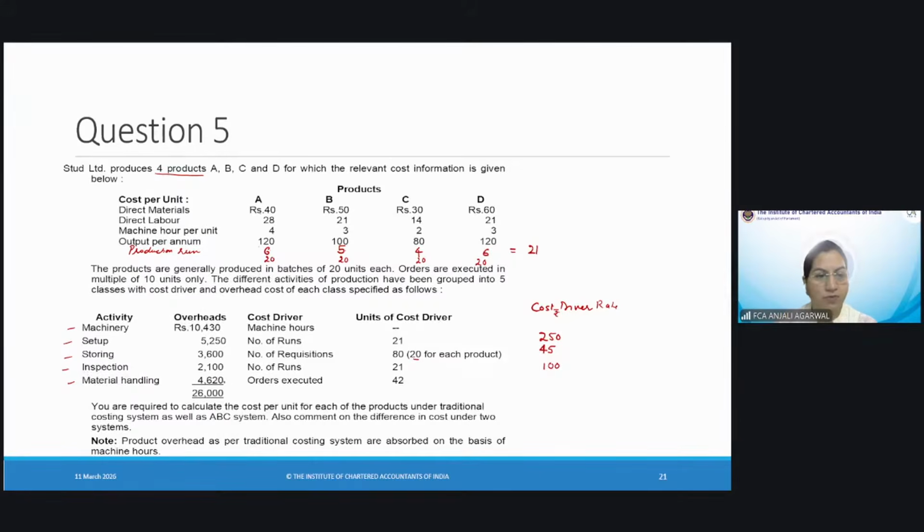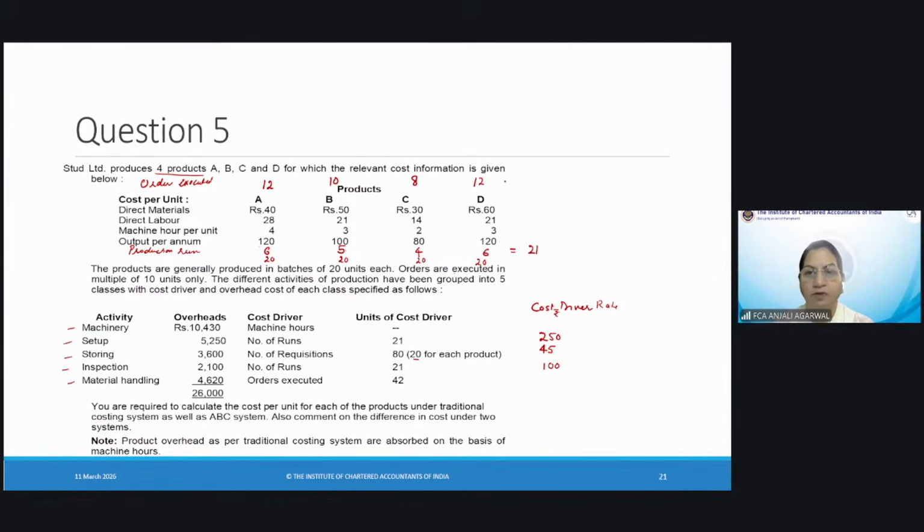Then 4620, material handling depends upon number of orders executed. And it is saying orders are executed in multiples of 10. So although it should be coming underneath, I'm writing here orders executed in multiples of 10. So 120 divided by 10, 100 divided by 10, 80 divided by 10, 120 divided by 10.